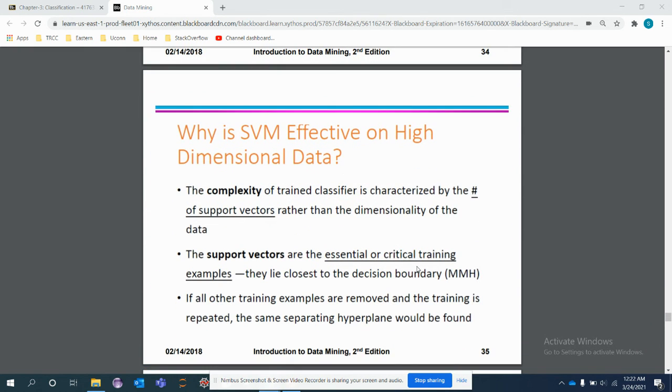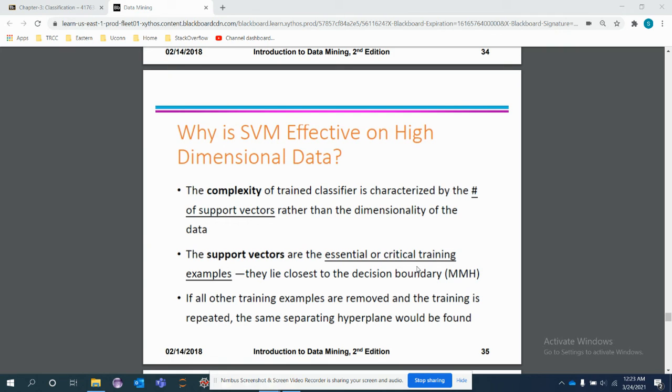Now let's see why SVM is effective on high dimensional data. There is a set of algorithms called kernel methods which are used to implement nonlinear classification. SVMs are well known for their effectiveness in high dimensional space, where the number of features is greater than the number of observations. The model complexity is of the order of the number of features and the square of the number of samples, so it is perfect for working with data where the number of features is bigger than the number of samples.